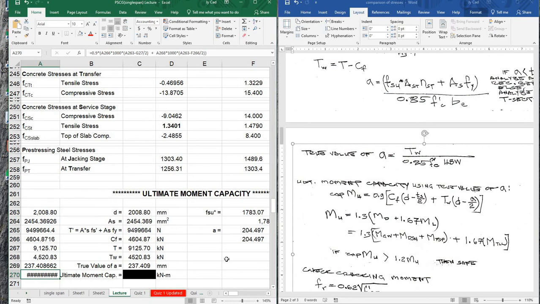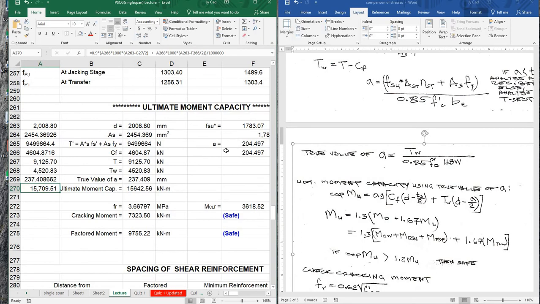Tapos, we divide this. Make sure na i-divide mo yan ng 1 million. Yan. So, 15,709. Okay, so let's check. Dapat, ang ginamit natin dito ay yung true value of A, okay?